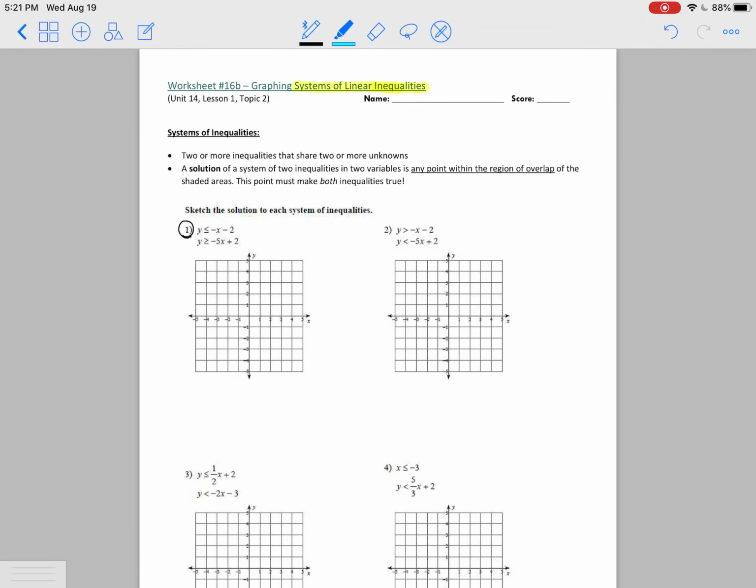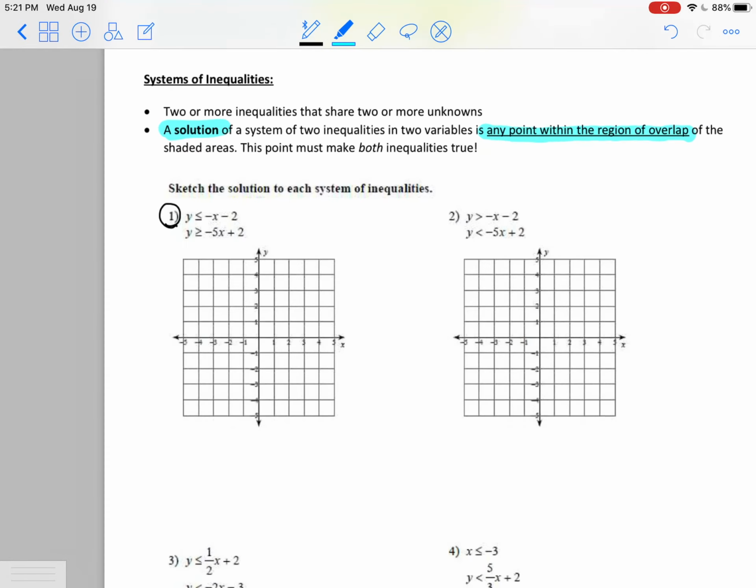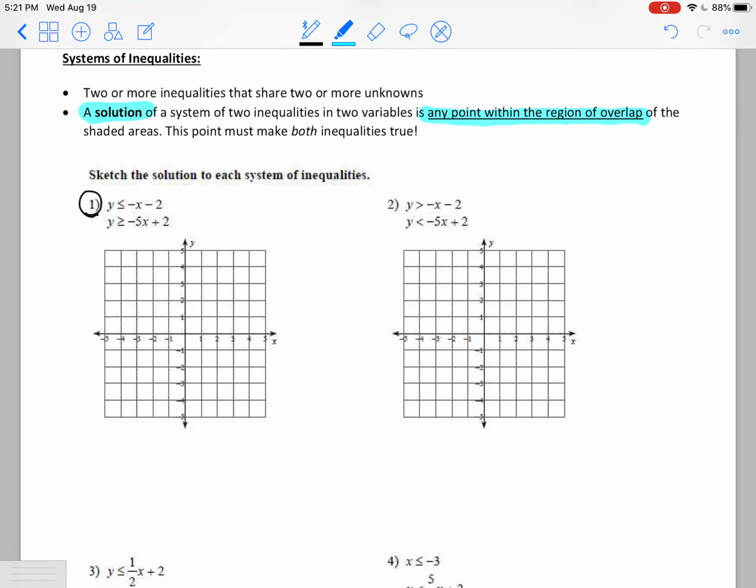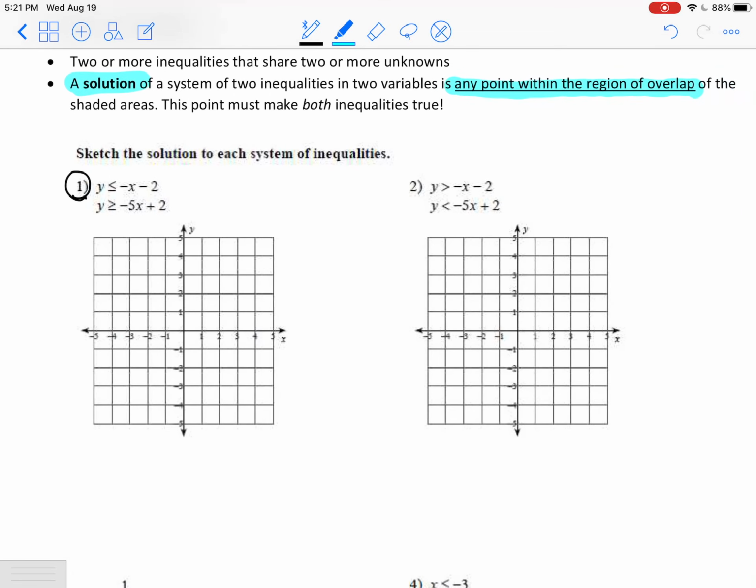So remembering that the solution to a system of inequalities is any point in the region of overlap of the shaded areas. Basically the idea here is just graphing these two inequalities, shading them, and then we're looking for the overlap. That's the solution region.